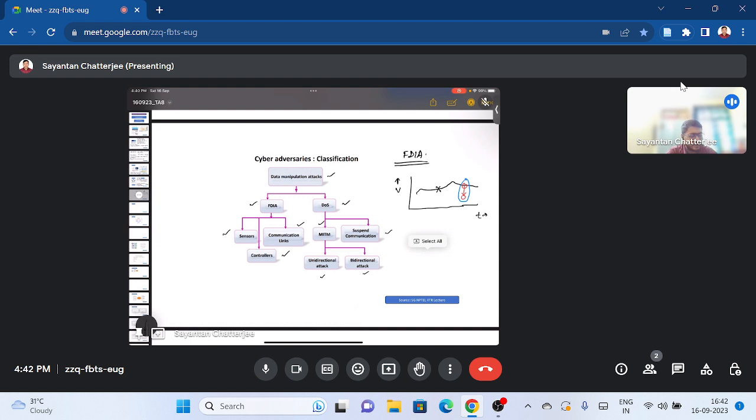For that state change, the system is not at all prepared, so that would lead to some maloperation. The main objective or motive of the attacker is to introduce maloperation in the system.